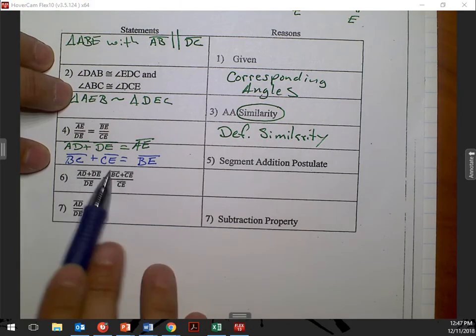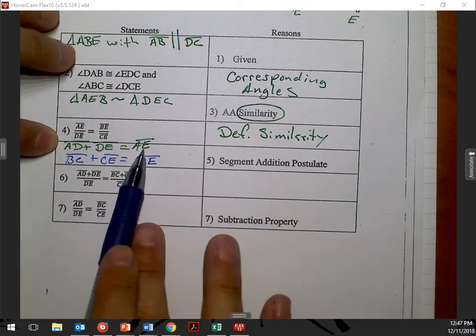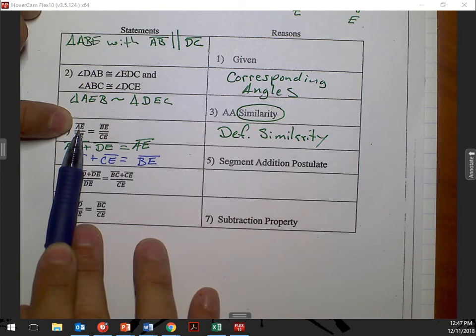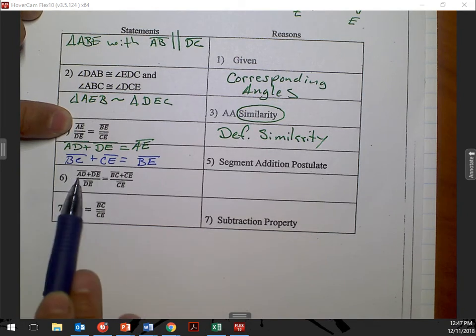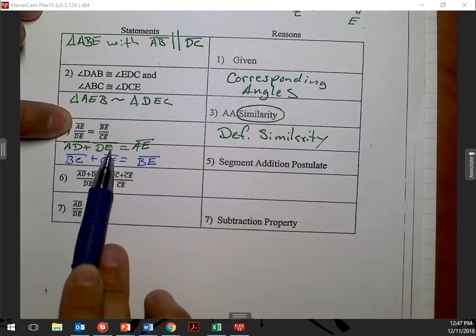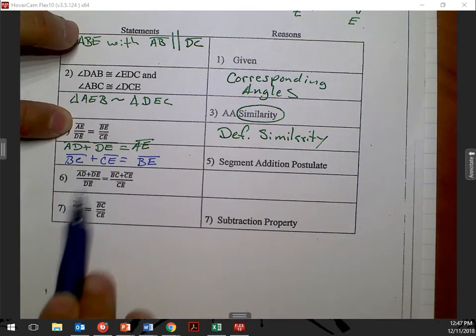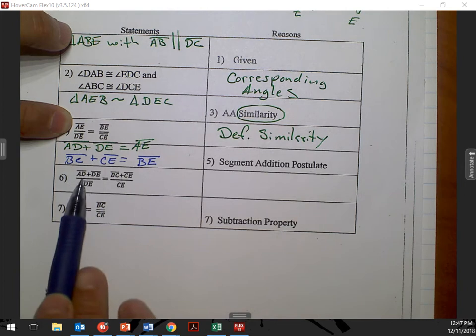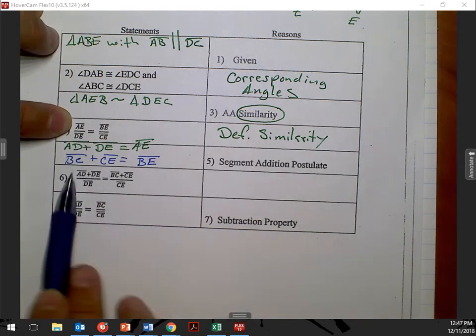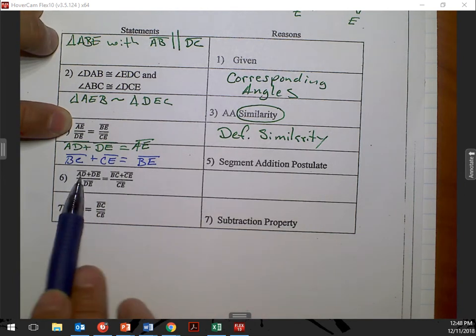All right, so now what we did right here, you notice right here it says AE, right? And over here it doesn't say AE, it says AD plus DE, doesn't it? Okay, so what did I do? Did I replace AE with this? Yes.